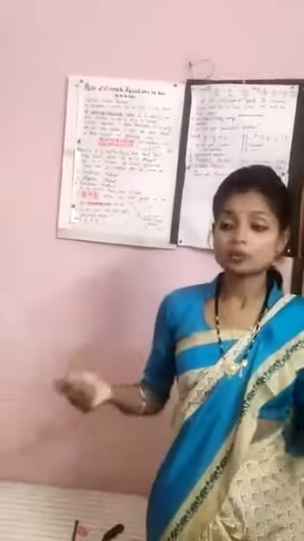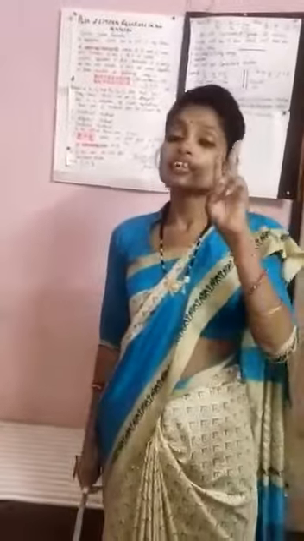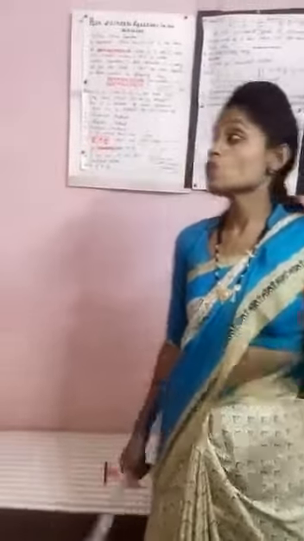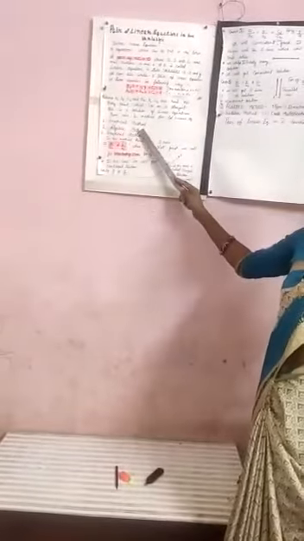Note down, question number 2: how many methods are used to explain linear equations? Answer: there are two methods to explain linear equations. The first one is the graphical method. The other one is the algebraic method.